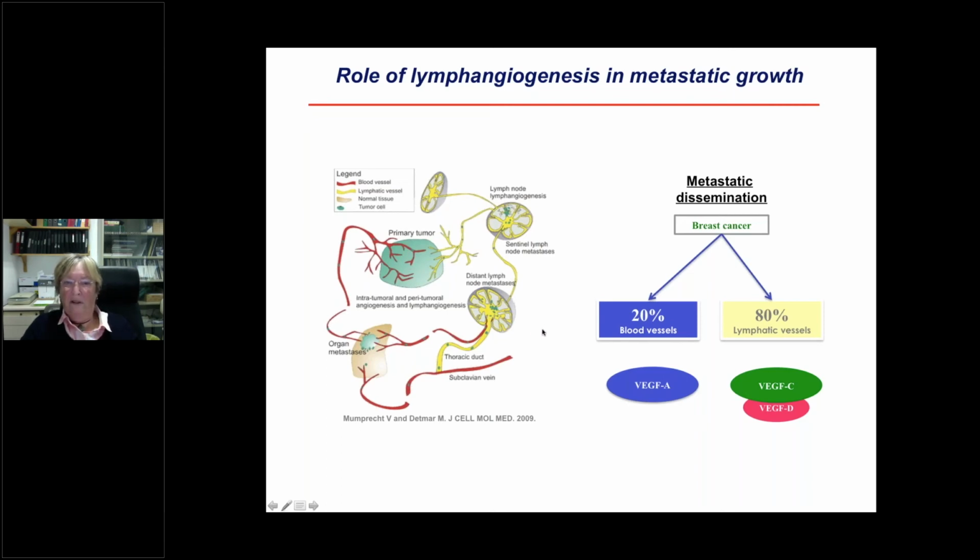Both in the development of normal lymphatic vessels and in the lymphatic vessels present in tumors, two factors play a key role: vascular endothelial growth factor C and vascular endothelial growth factor D.